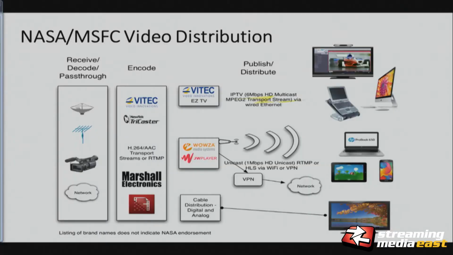We'll go on to Brian and what he's doing at NASA. So this is specific to NASA Marshall Space Flight Center. NASA has 10 different centers and some smaller centers, and traditionally each one has had very much its own freedom on what it picks and how it integrates video distribution.